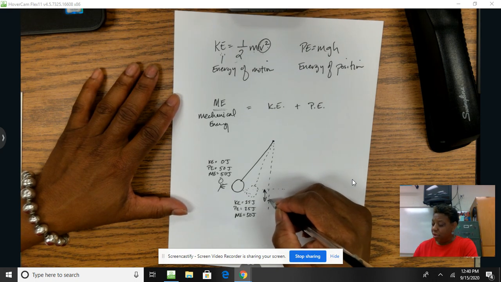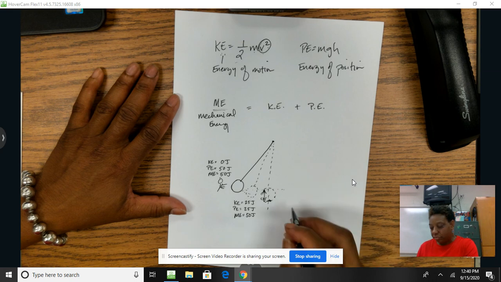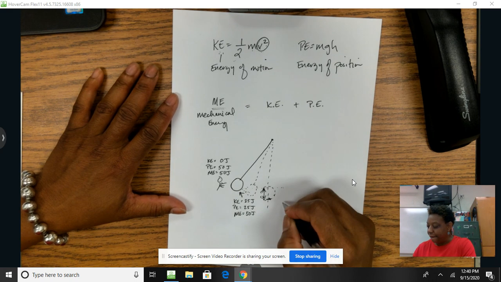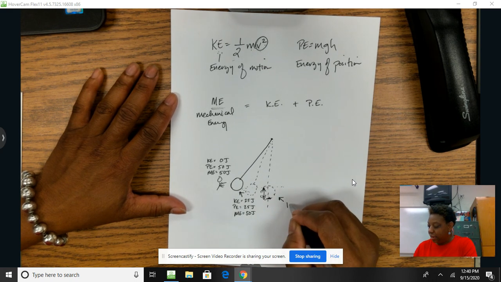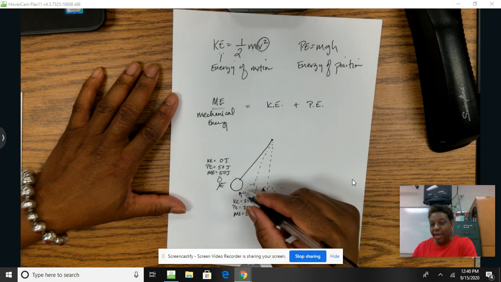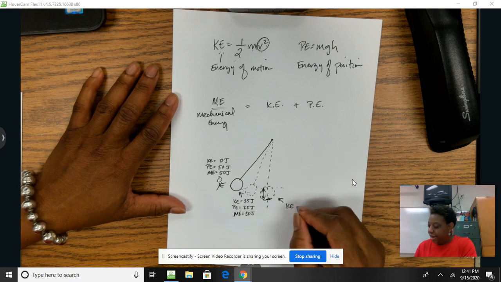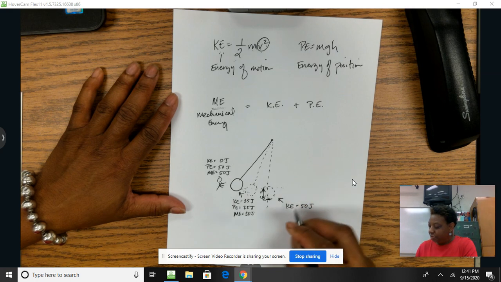So when it reaches its lowest point, let's say it's right here, if we let it go, it will be traveling its fastest at its lowest point. So the kinetic energy is going to be 50 joules.